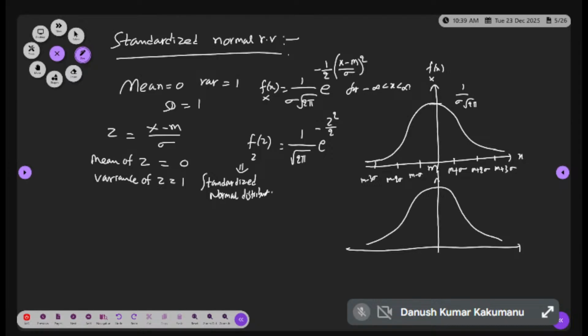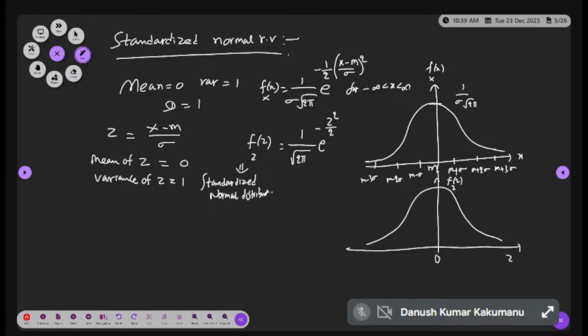But which values change here? What is the highest value? Instead of the x-axis, this axis is z, the z-axis, and it is f of z. F of x, f of z.